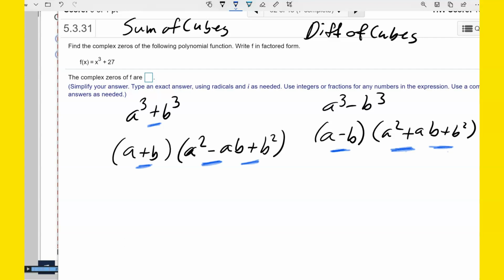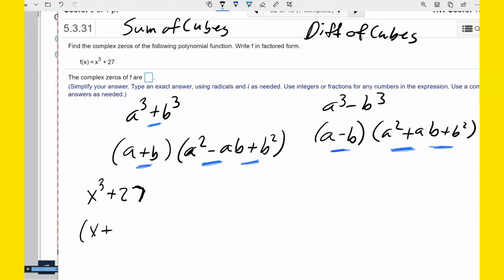Okay, so if I have x cubed plus 27, the way that you do that is you think of what is the perfect cube root of x cubed, and what is the perfect cube root of 27. The perfect cube root of x cubed is x.